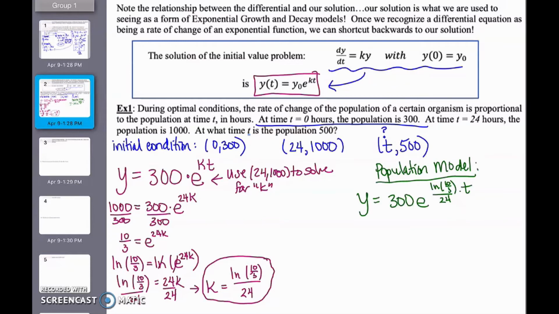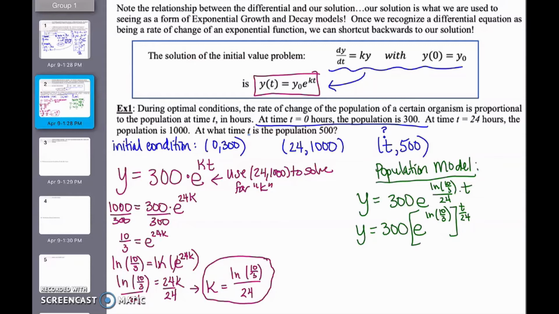Now I'm going to simplify this a little bit. This is equal to y equals 300 times e to the ln of 10/3, raised to the t over 24 power. That's just a little bit of algebra: power to a power with exponents, we multiply, so we can make it look like multiplication and separate that out.